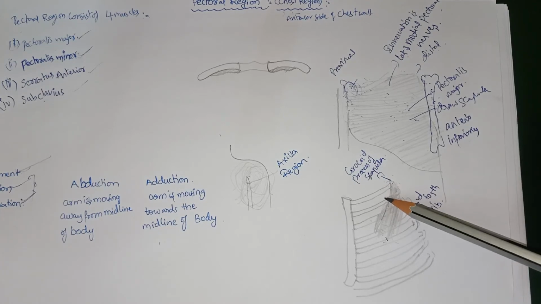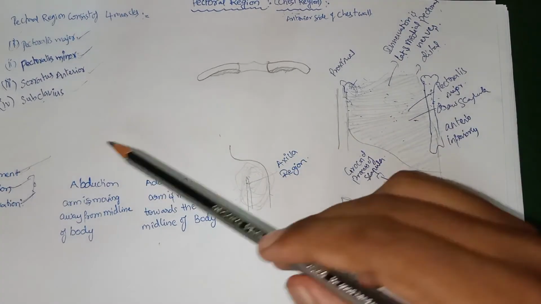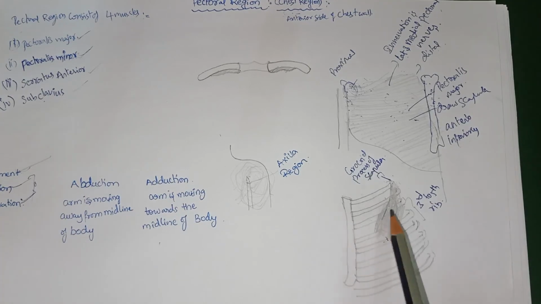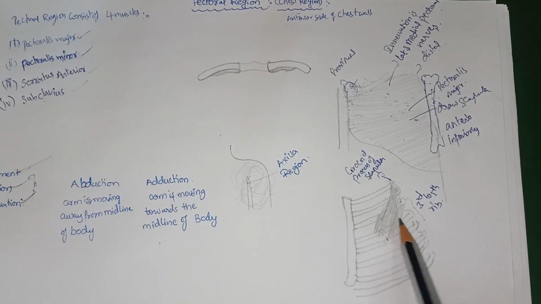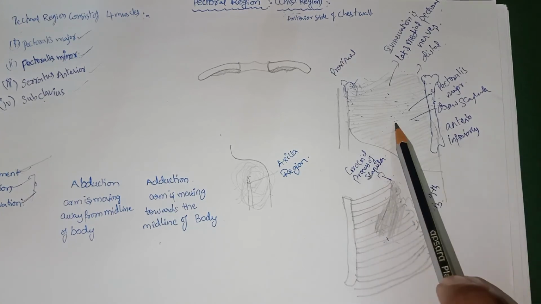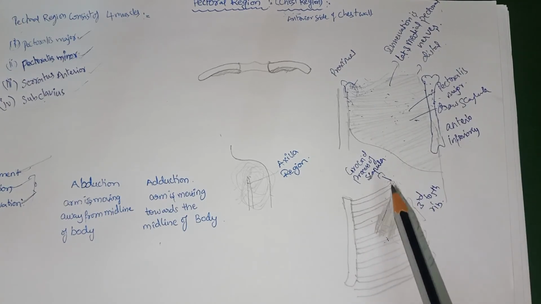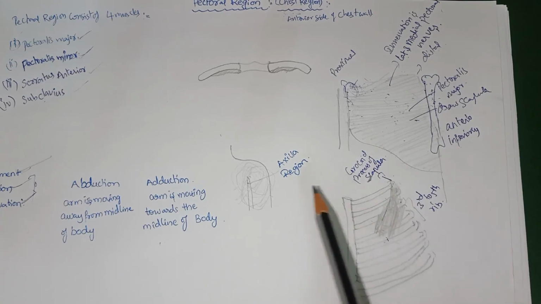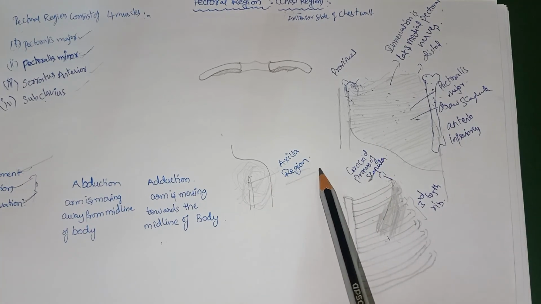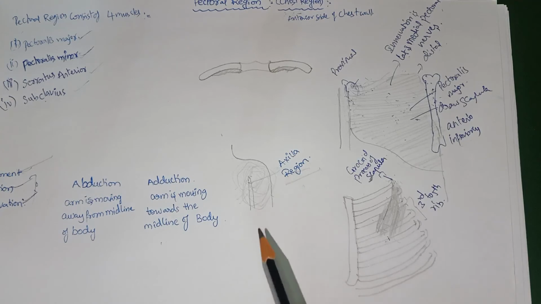This is the origin and insertion of pectoralis minor muscle, and this muscle is present underneath the pectoralis major muscle. So both form the anterior wall of the axilla region, the anterior part of the axilla region.